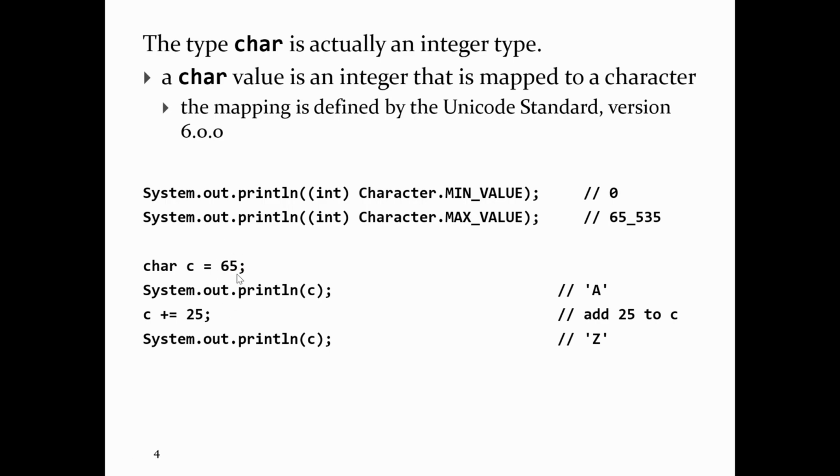So what happens if you store the value 65 in a char? Well, that falls between 0 and 65,535, so that's legal. This is a bit funny if you've been paying very close attention to the previous lectures. The 65 is actually an int. When you write down the number 65, Java says that's an int literal.